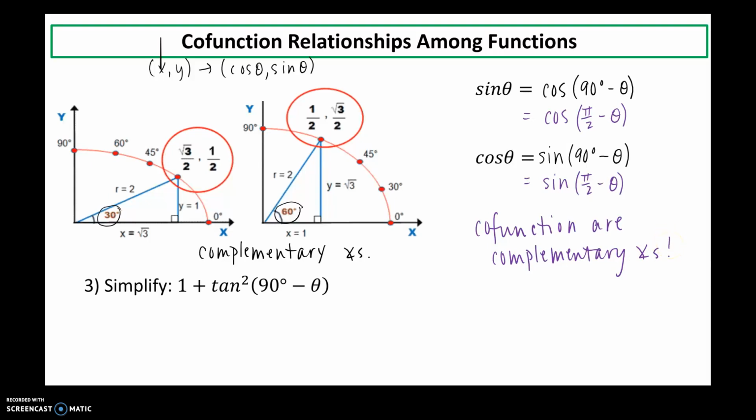Okay, so 1 plus tangent squared of 90 degrees minus theta. We'll talk about this one in class as far as where this answer can go, but I want you to recognize this form. You have 1 plus tan squared of something. I'm going to replace that 90 degrees minus theta with one variable.